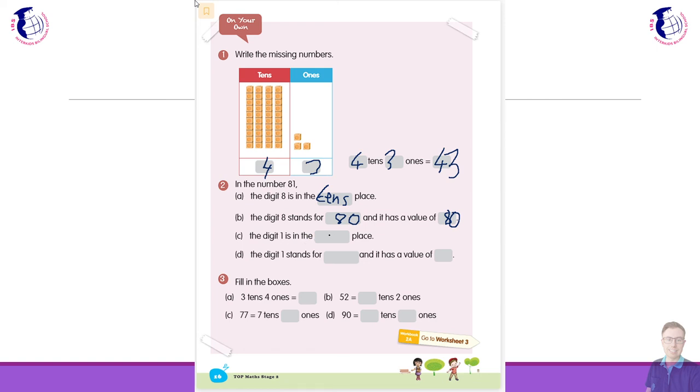The digit 1 is in the ones place. Oh, here, rather than 80, I think you want to write 8 tens.